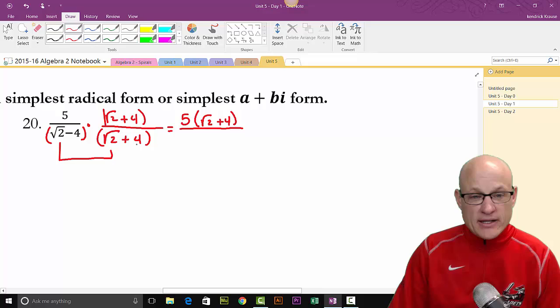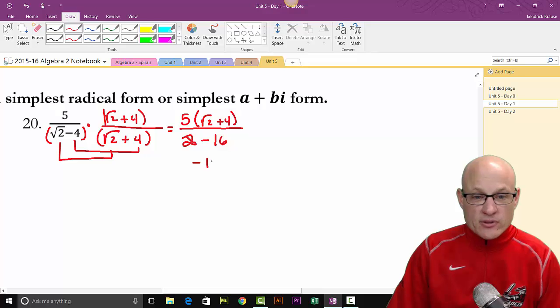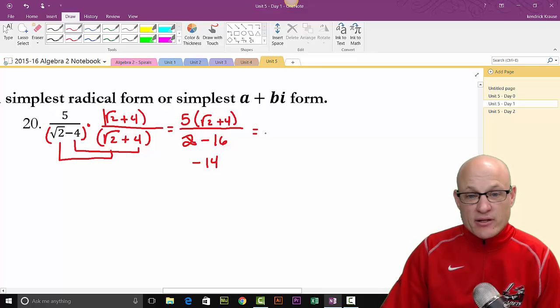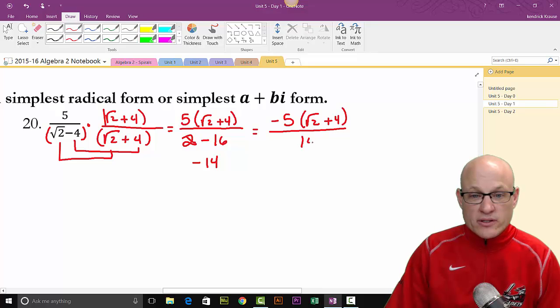These two multiplied give me 2. These two multiplied give me negative 16. Well, this is really negative 14. You're not allowed to leave the negative in the denominator, so I'm just going to put it up top. Negative 5 times (square root of 2 plus 4) over 14.